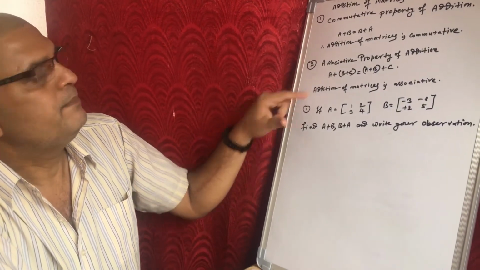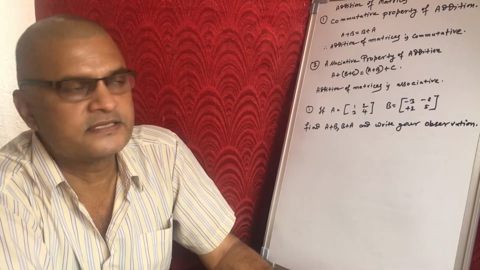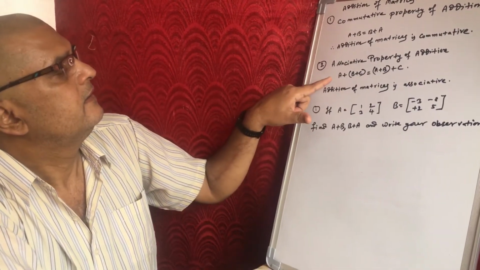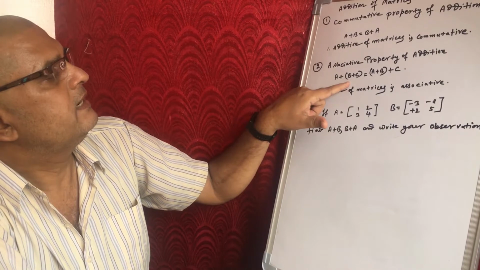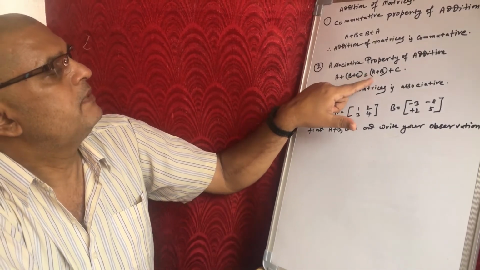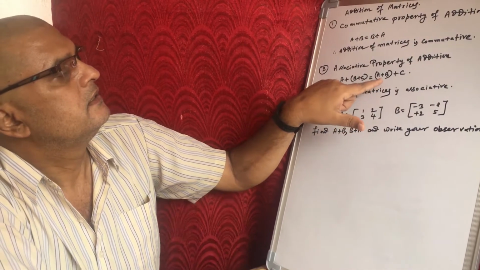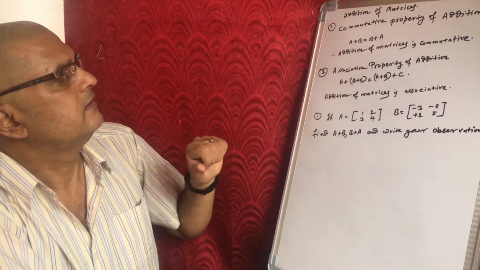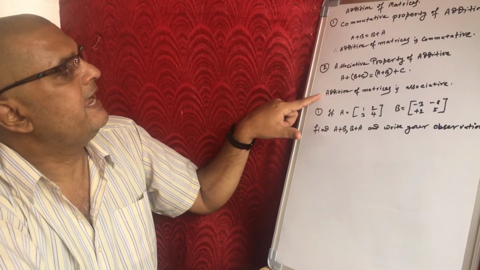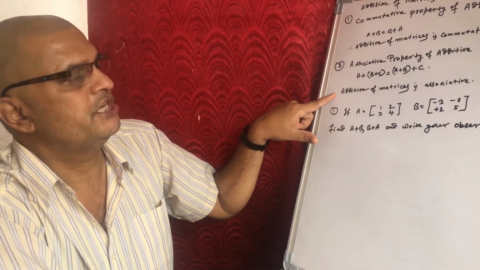If A, B, C are three matrices, then A plus (B plus C) is equal to (A plus B) plus C. So we can say that addition of matrices is associative.